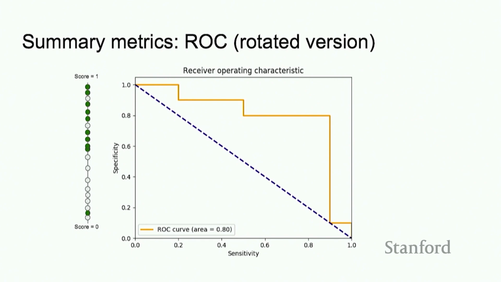Now, what is the probability that in this random pair, the positive example will be ranked higher than the negative example? That probability is exactly equal to the area under the ROC curve. Right? So that's another way to think of the ROC curve.